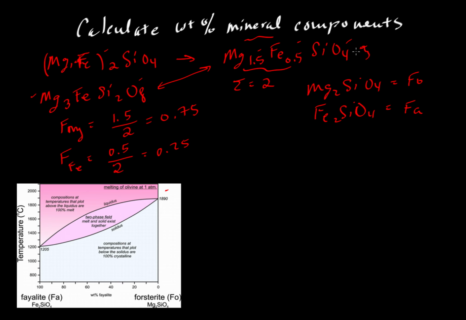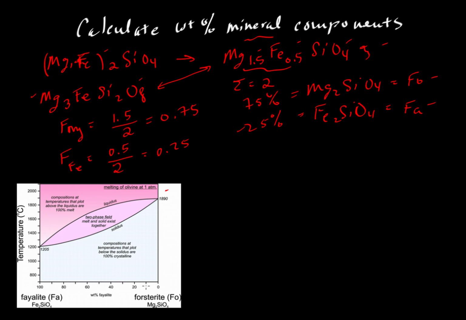We're being consistent by writing these all on a 4-oxygen basis, so we could say that this is 75% of this one here, and this is 25% of this one here. So on a molecular basis, we have 25% fayalite and 75% forsterite.